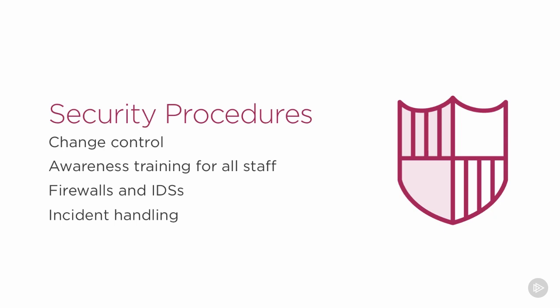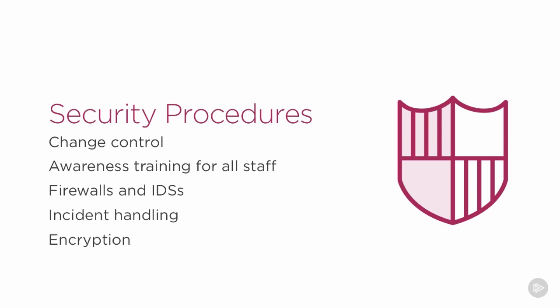And this is where we need an incident handling procedure. We need a procedure that will help us to be able to detect and respond effectively to any type of an incident that happens. And in incident handling, of course, we want to then reduce the impact of that incident and get back to normal as quickly as possible.